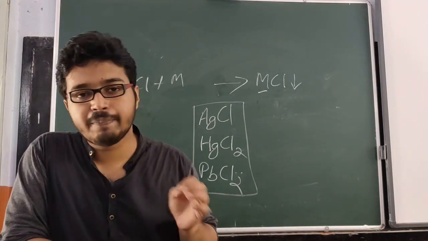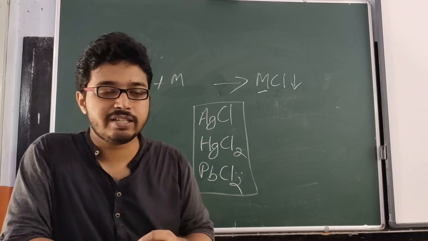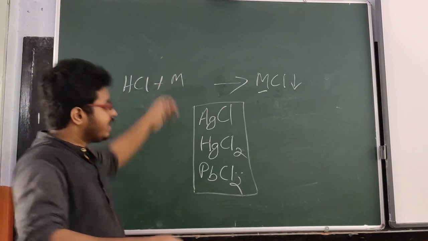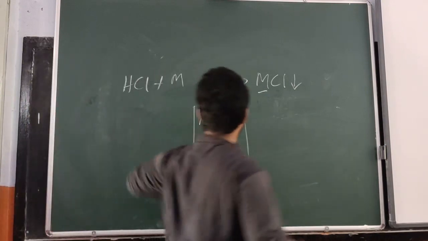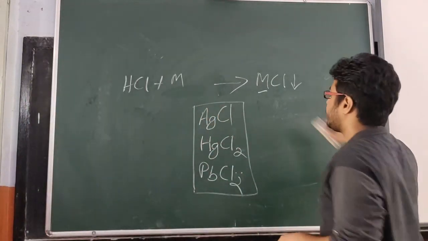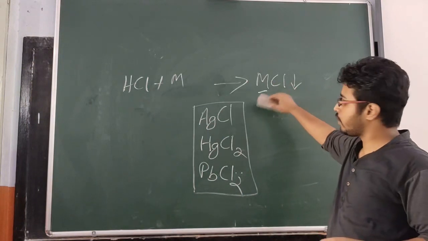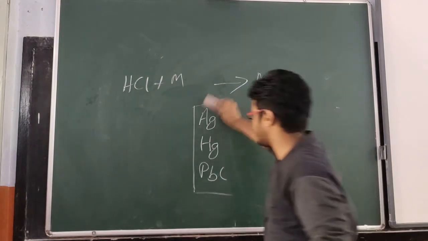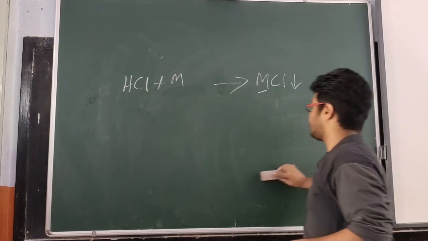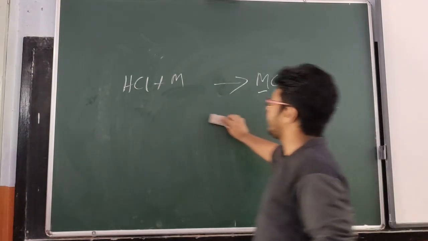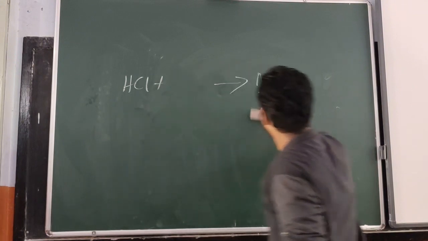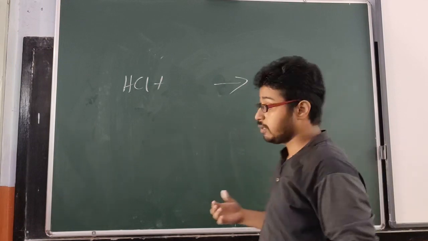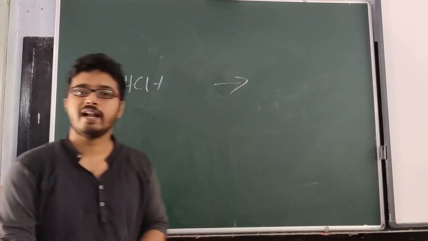So if you want a precipitation reaction, what you are supposed to do is react HCl with any compound of these three metals. You will get the corresponding metal chloride, which is insoluble in water, and that will form a precipitate. So I will write down all the possible precipitation reactions for HCl.